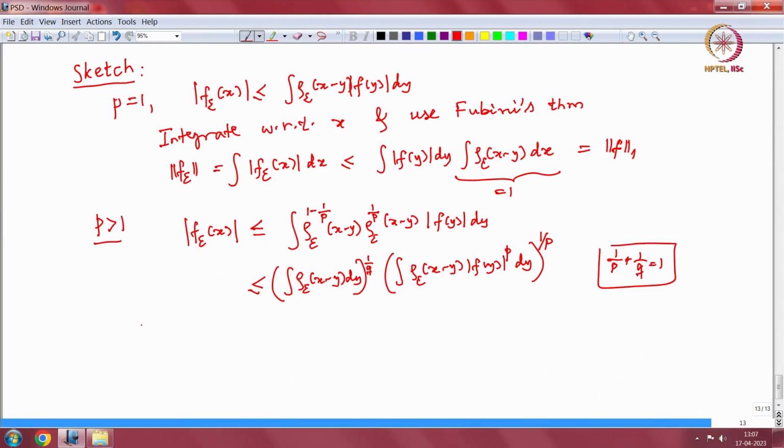Now take the pth power on both sides, integrate with respect to x, same procedure, and use Fubini.